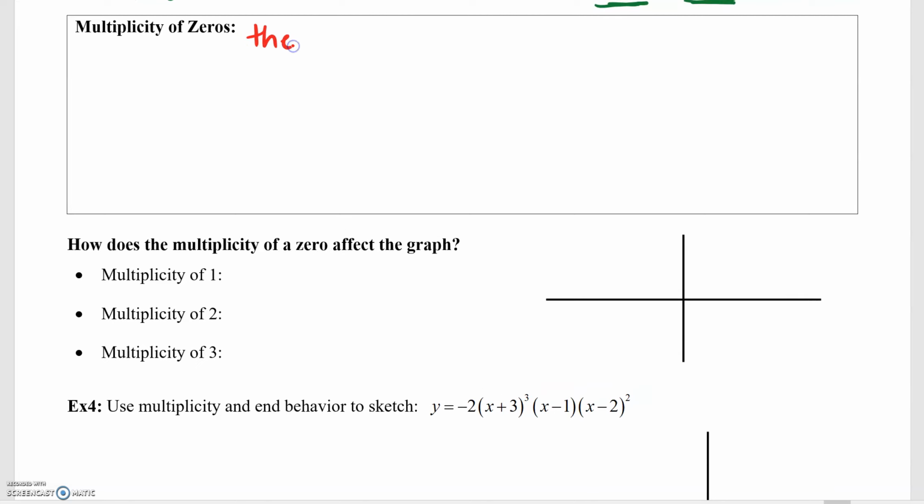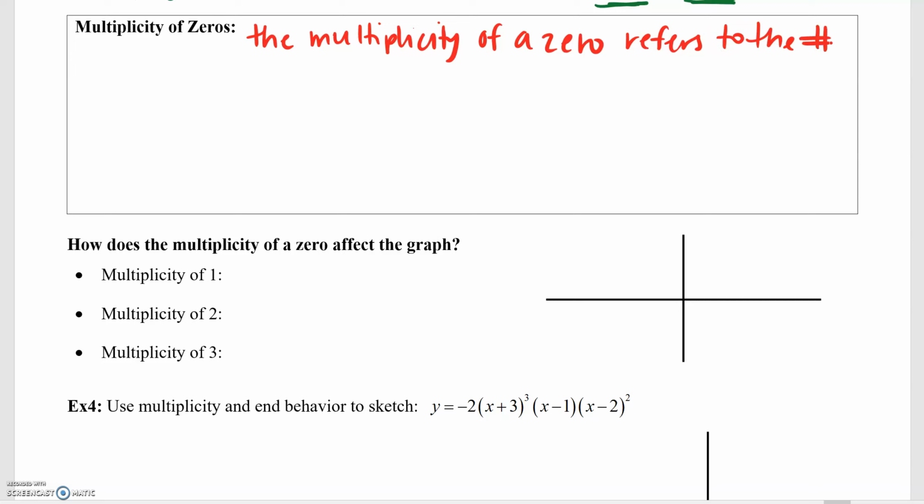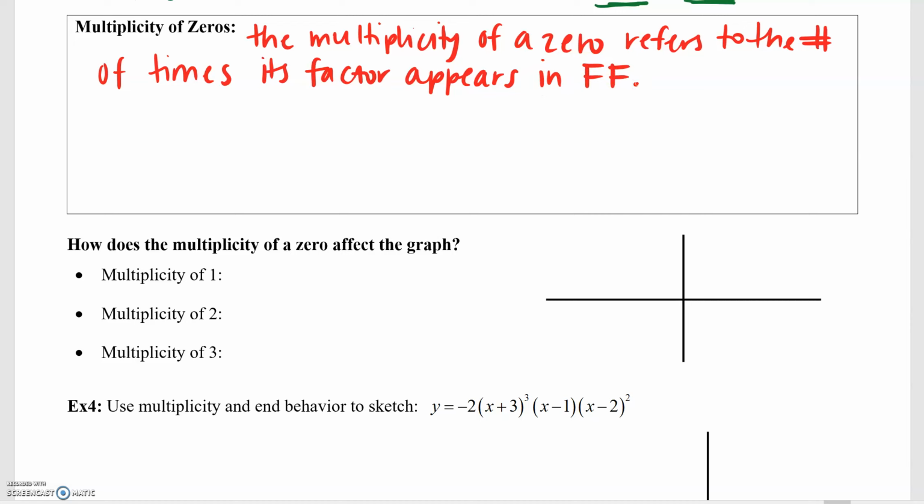The multiplicity of a zero refers to the number of times its factor appears in factored form.